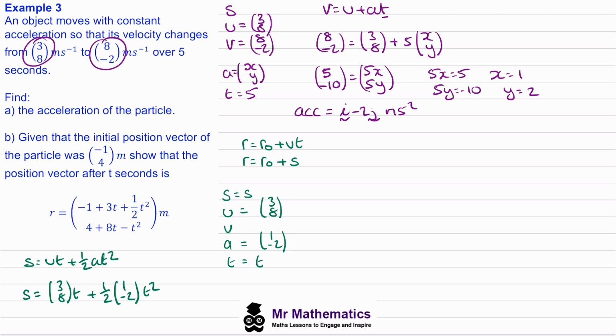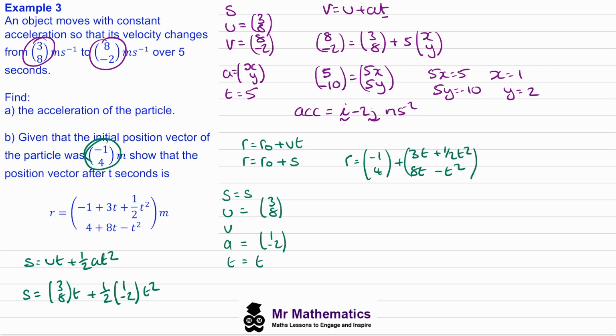So now we can substitute this expression for displacement back into here. So the position after t seconds will be the initial position we're given as (-1, 4) plus the displacement: 3t + 1/2 t squared, and for the j component 8t - t squared.